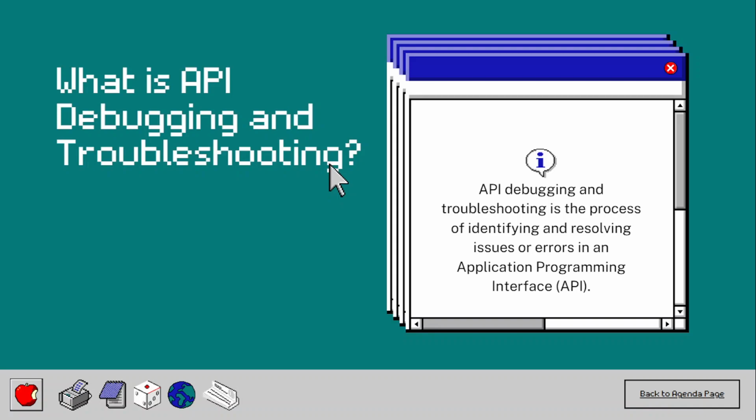It enables communication between different software components, allowing them to exchange data and execute functions. So when an API is not functioning correctly, developers need to troubleshoot and debug the code to identify the root cause of the problem. That is all about debugging and troubleshooting.